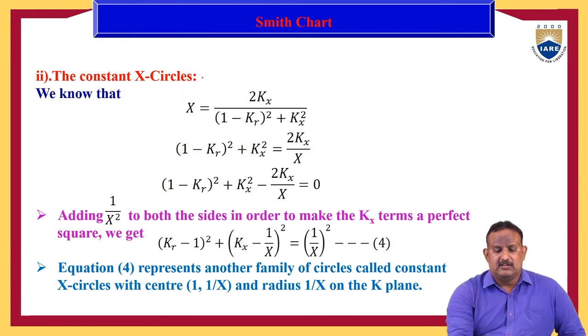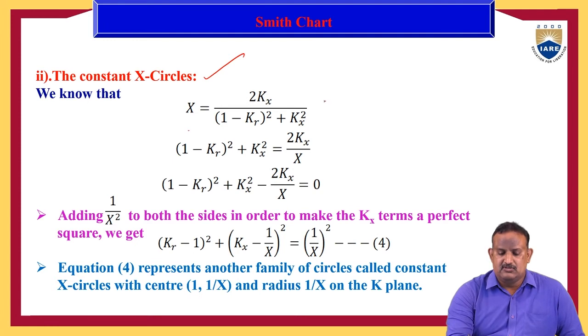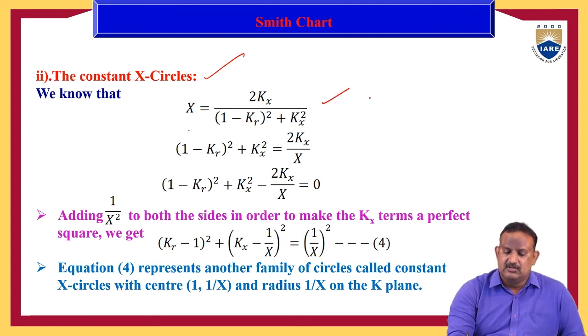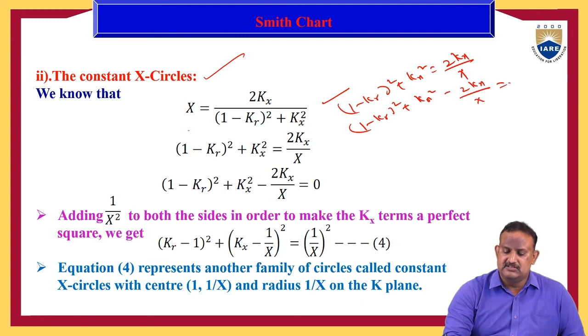Similarly, we can have the constant reactance circles. Here we have the equation x equal to 2kx by (1 minus kr) whole square plus kx square. If you cross multiply the equation, it is (1 minus kr) whole square plus kx square equal to 2kx by x. If you expand, it is (1 minus kr) whole square plus kx square minus 2kx by x is equal to 0.